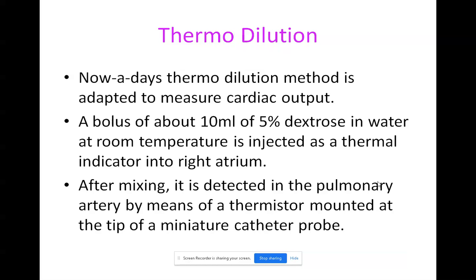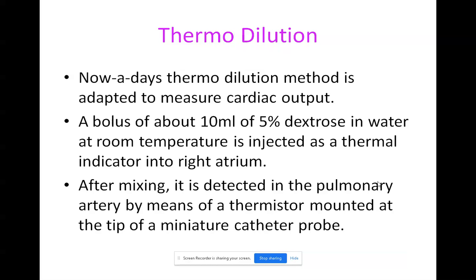I think you all know that the atrium and ventricle are parts of the heart. In the right atrium, we apply this thermal indicator, that is the bolus. After mixing, it is detected in the pulmonary artery. We enter the thermal indicator in the right atrium, but we detect it from the pulmonary artery of the heart.